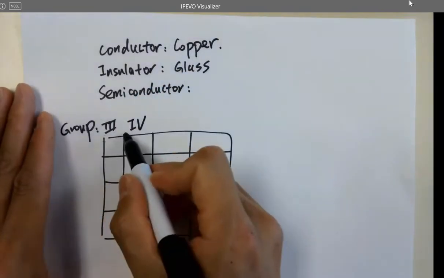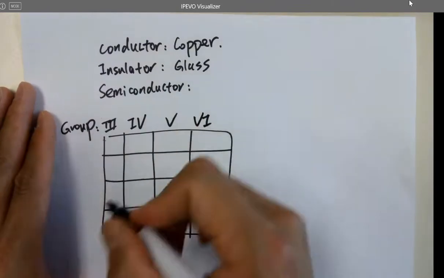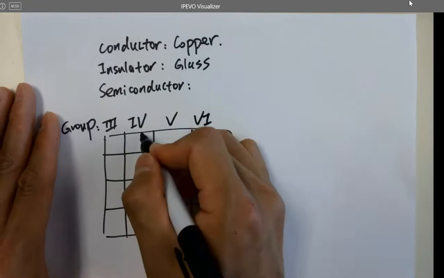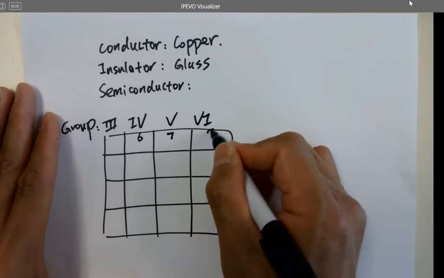Groups 3, 4, 5, 6 on the table. I'm not doing everything, just these specific groups, labeled as 6, 7, 8.